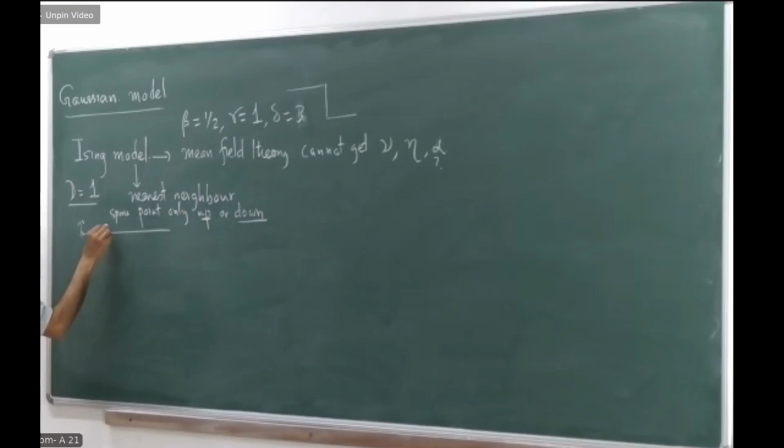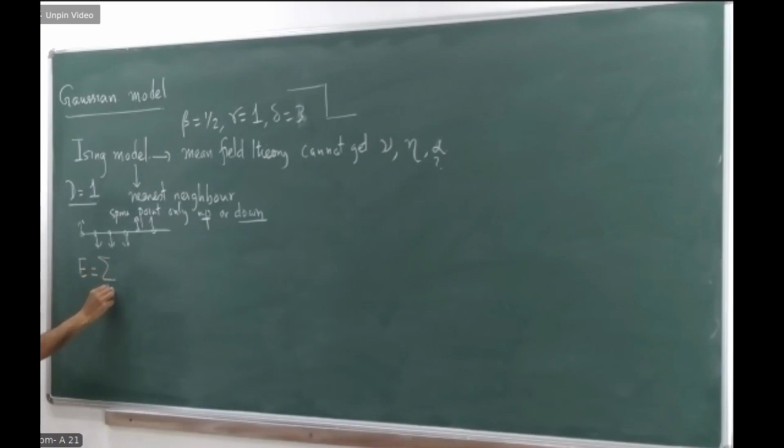So it's a chain of this kind. What is the Hamiltonian, or the energy of the system?